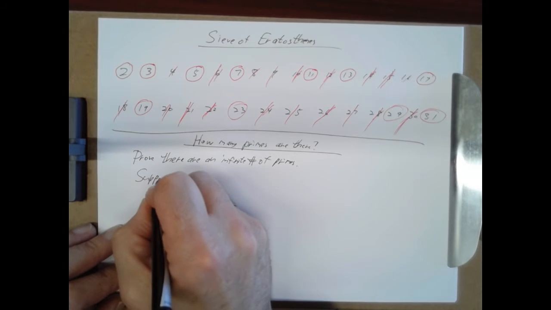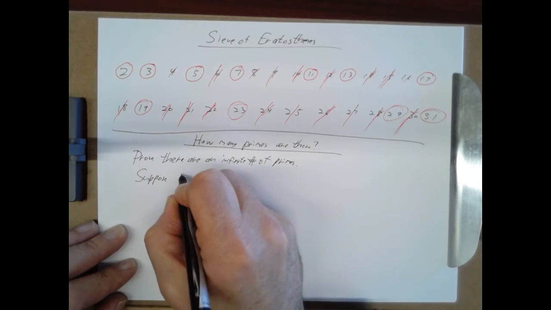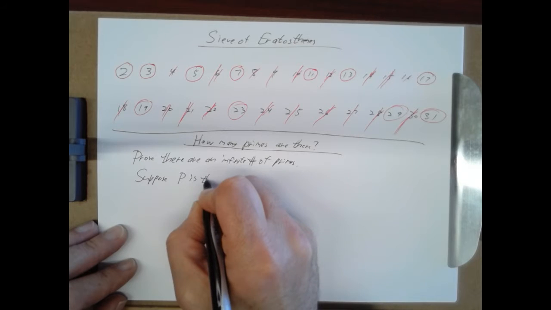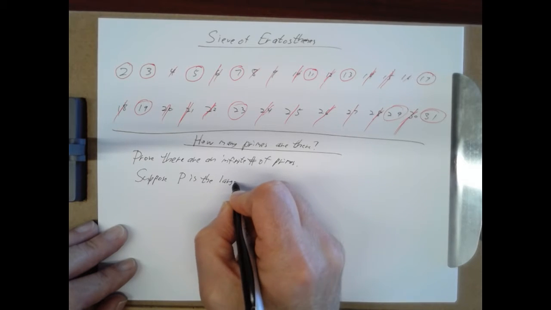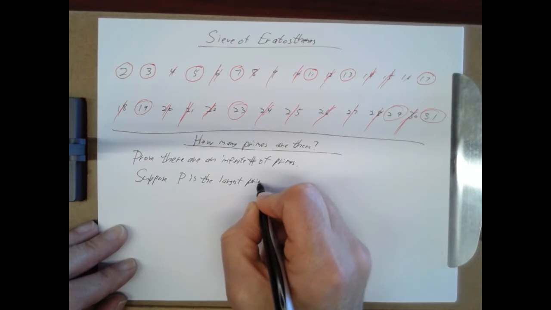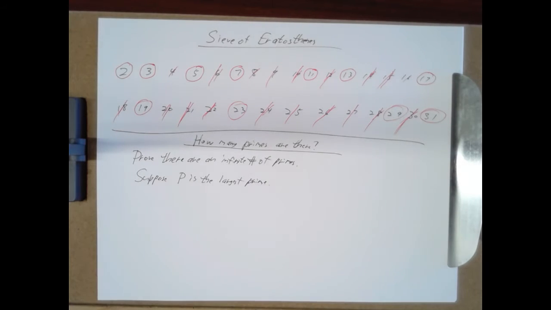Suppose P is the largest prime. So we're going to assume there's not an infinite number of primes, which means there is a largest prime. Not an infinite number means there's only some finite collection of primes, and in a finite set of integers, we can find the largest integer. So let P be the largest prime.